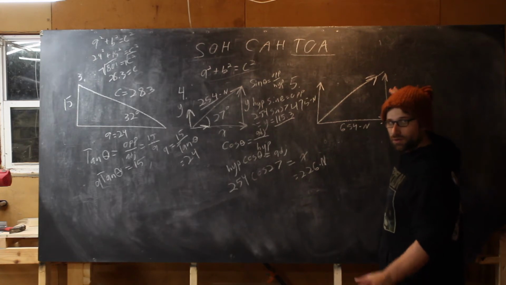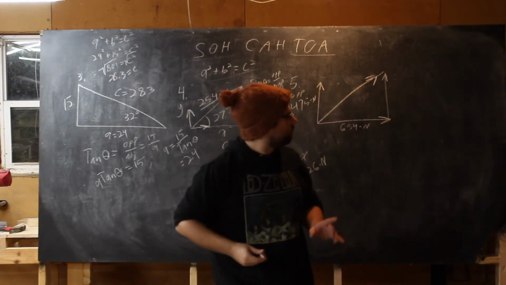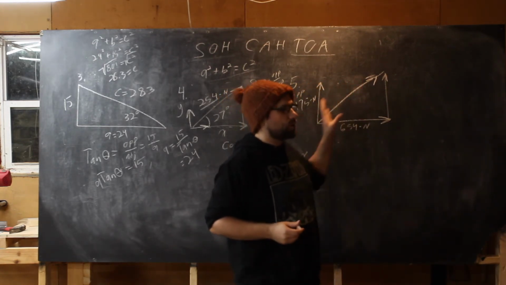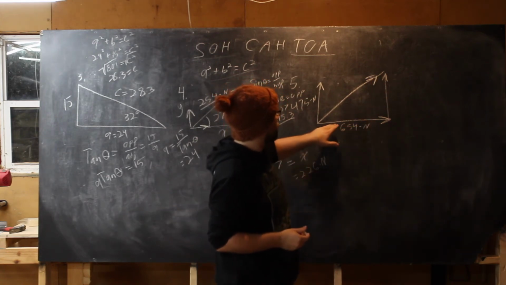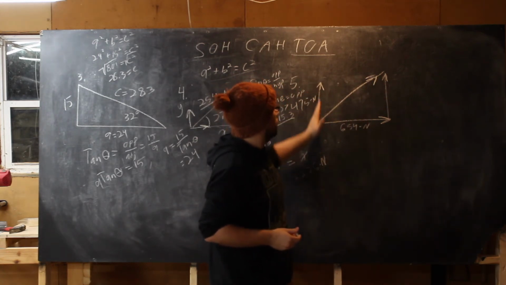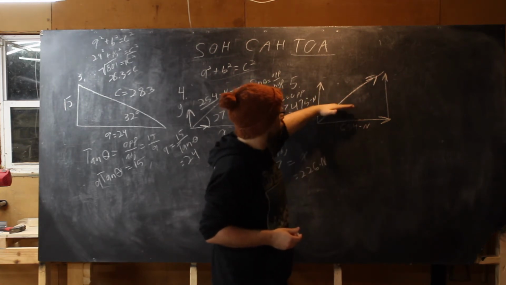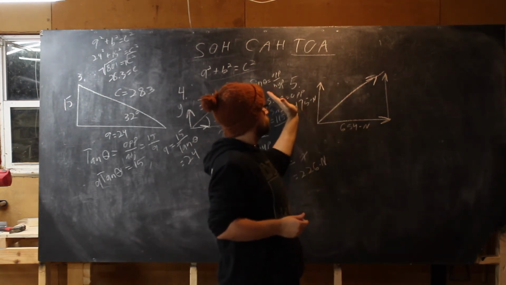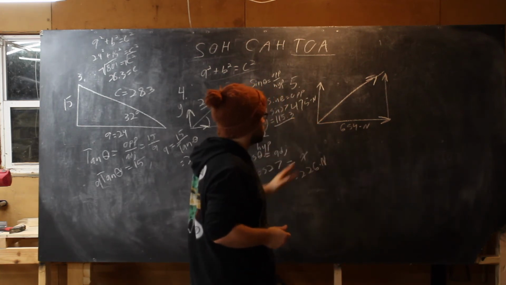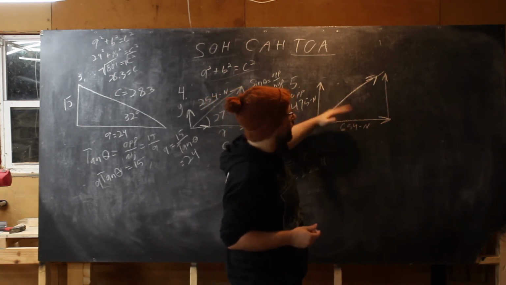I want you to be careful with that because you can end up drawing your vectors in the wrong direction. Remember, if you have two vectors on the x and the y, your resulting vector is going to be somewhere between them. It's not going to be this way, it won't be opposite, it'll be somewhere between these two values.